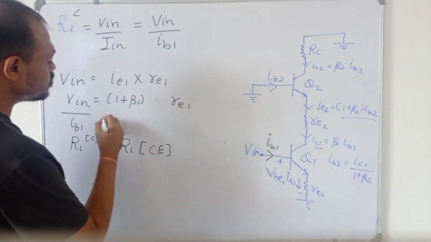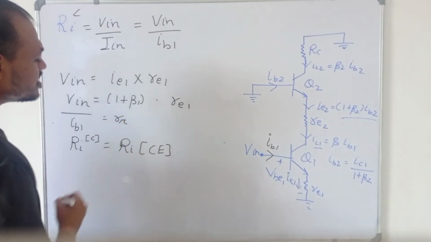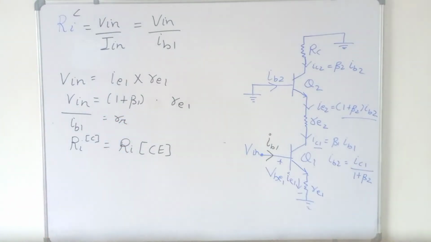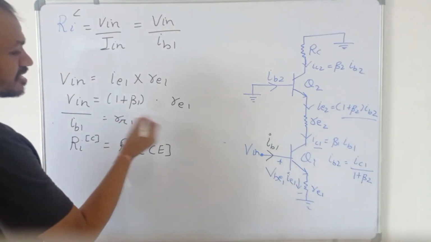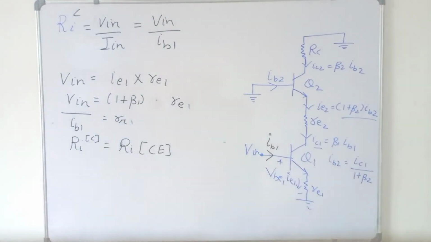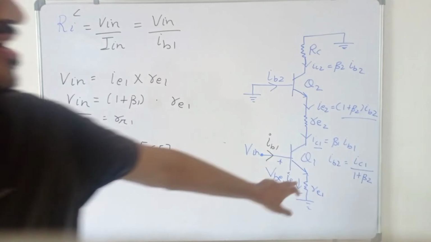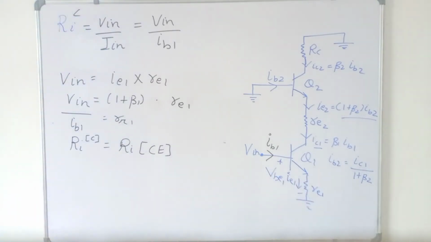This is also equal to R pi 1, because we write the input resistance of common emitter stage equal to R pi 1. 1 denotes the common emitter stage, because for transistor Q1 we are writing 1, so R pi 1.